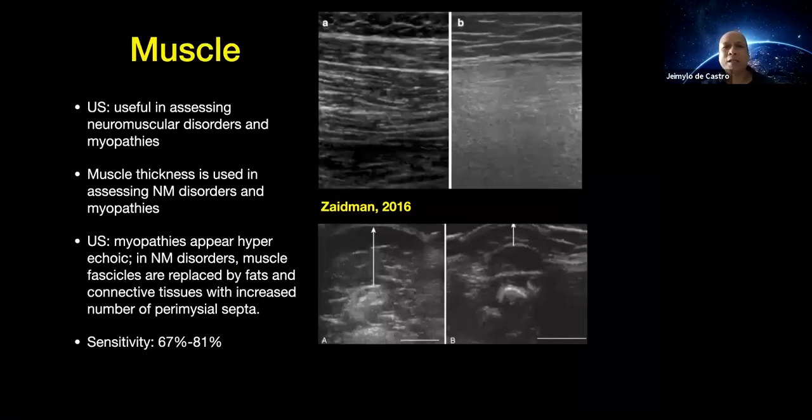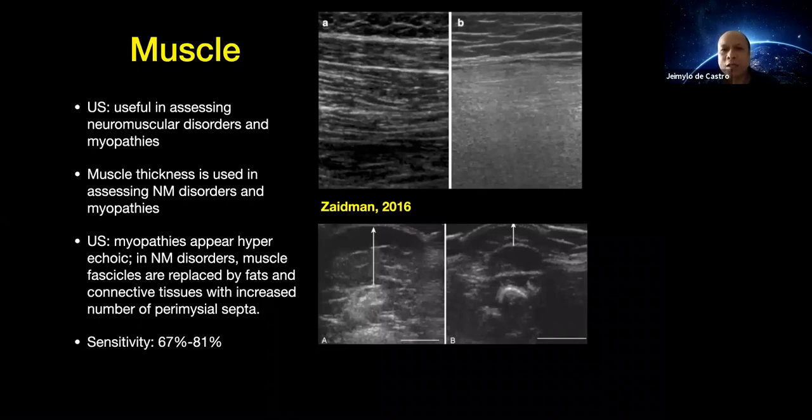How about the muscle? In muscle tissue, ultrasound is useful in assessing neuromuscular disorders and myopathies. Can you imagine? The ultrasound can also diagnose those things. In this image, on the left side of the screen you have the normal muscle tissue, and on the right side, you can see an echogenic, fatty infiltrated tissue because of neuromuscular diseases or disorders.